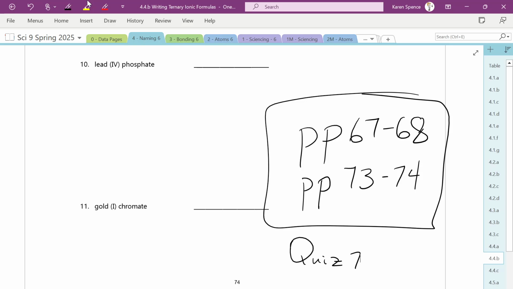I don't know if we have it. Okay, and then I'll see what I can get for you for tomorrow, but if not, you might want to bring something.